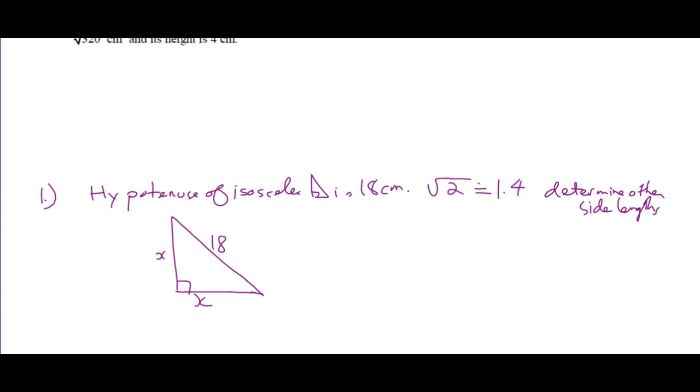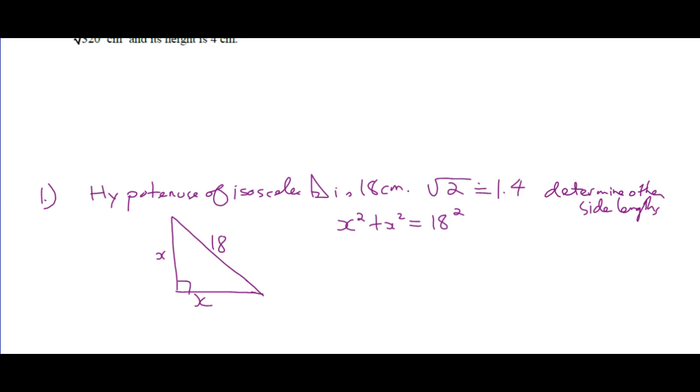Okay, how do we relate the sides of a right triangle? A squared plus b squared equals c squared. So in this case, x squared plus x squared is equal to 18 squared. Okay, now remember, we're not using a calculator.